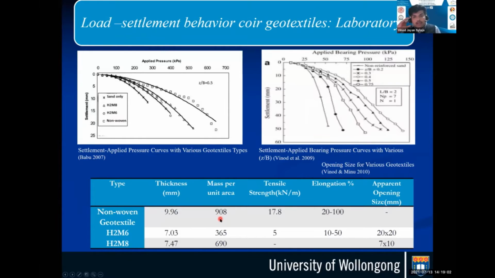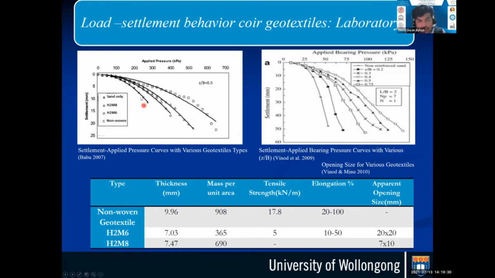With that, let me quickly show you some work already being carried out experimentally on the bearing capacity, or the load settlement behavior, of this material. You can see what has been reported here. That's a typical load settlement behavior of an unreinforced soil, the applied pressure versus settlement.